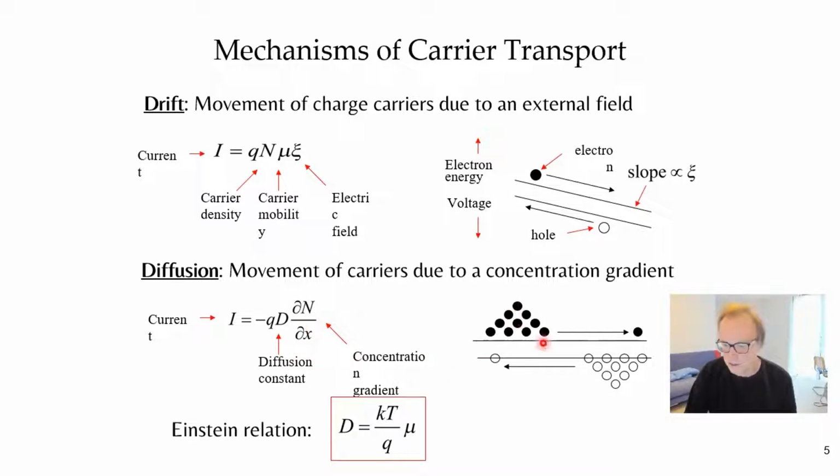And you can see it here. It's just symbolized by if there's a lot of electrons whizzing around here at the thermal velocity and few here, then there's a net movement in this direction. And just to remind you, there's a relation between this diffusion constant and this mobility by the thermal voltage through the Einstein relation.